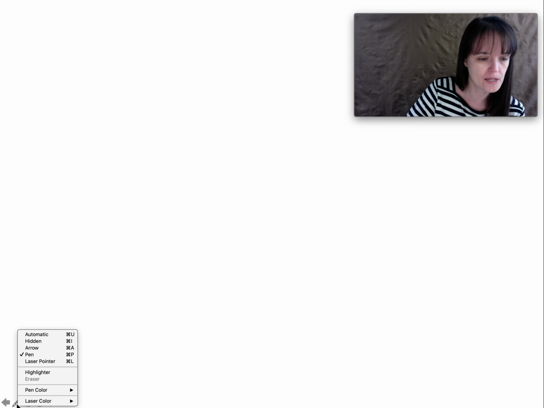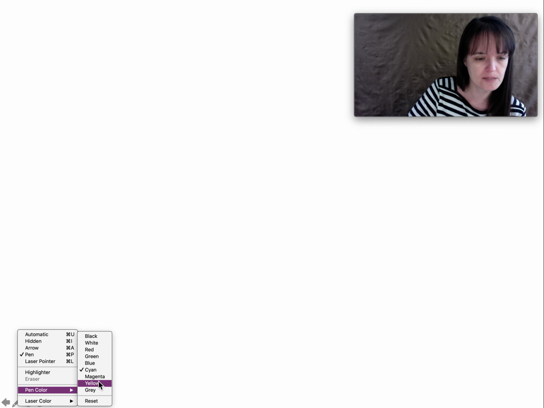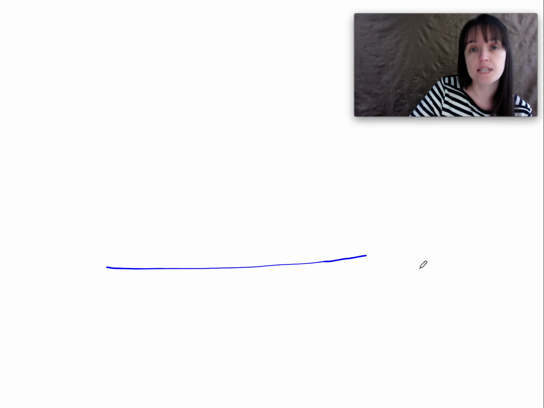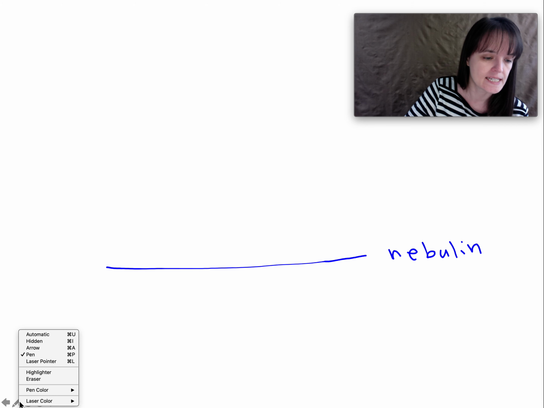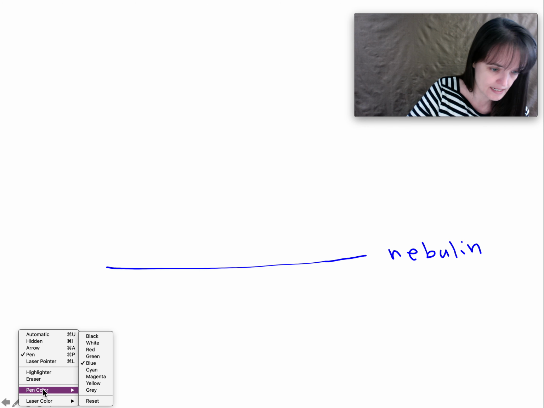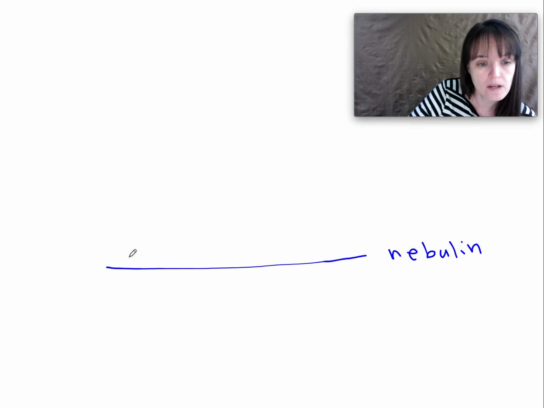All right. The nebulin tends to be blue on the picture, so the central protein rod is called nebulin. And it has globs, spheres of actin.